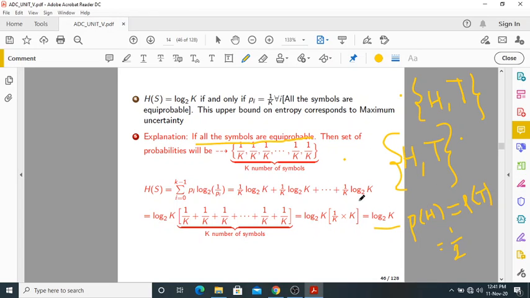You take your own examples, not only here, everywhere. Take a cricket match. If there is a match between two strongest teams, the probability of team A winning is the same as team B winning. Then people are very much interested to watch the match. Take the example of IPL also.